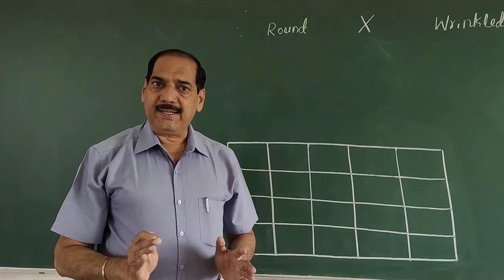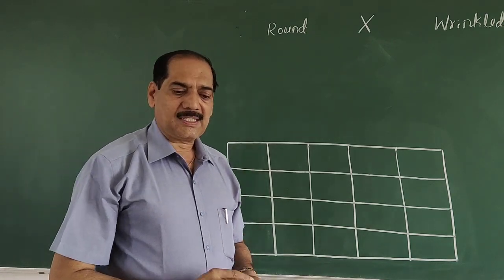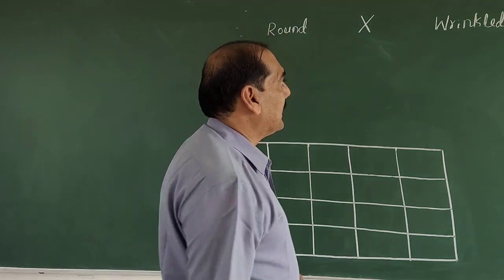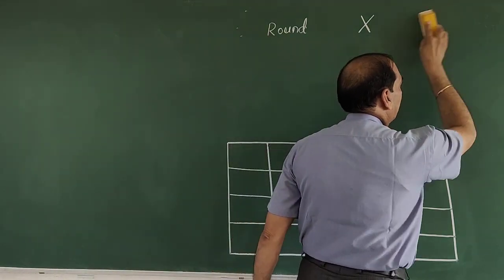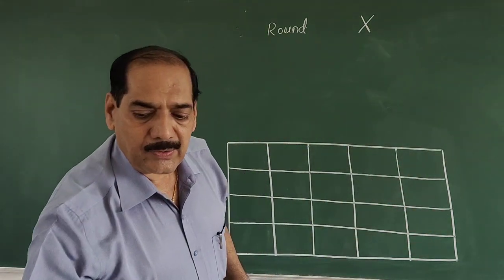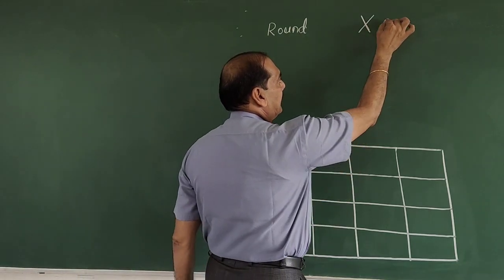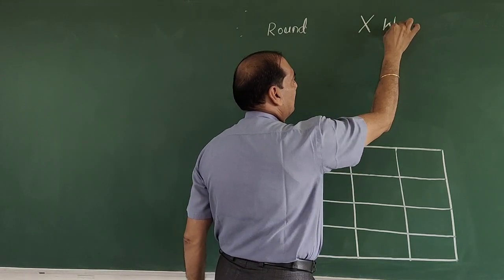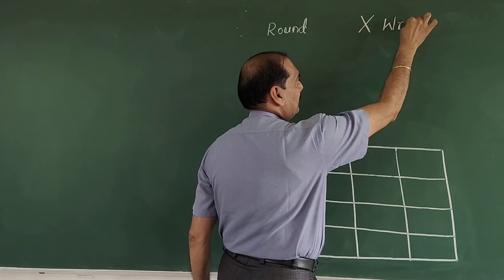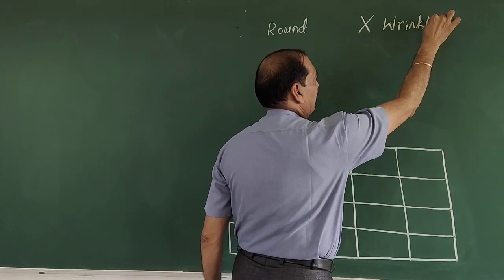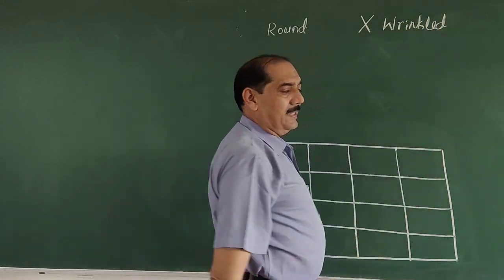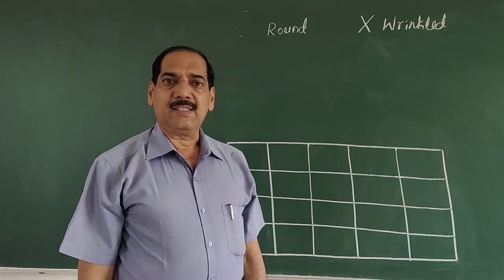A round seeded pea plant crossed with a wrinkled seeded pea plant. Wrinkled, I will write here. Wrinkled seeded. What will be this cross?